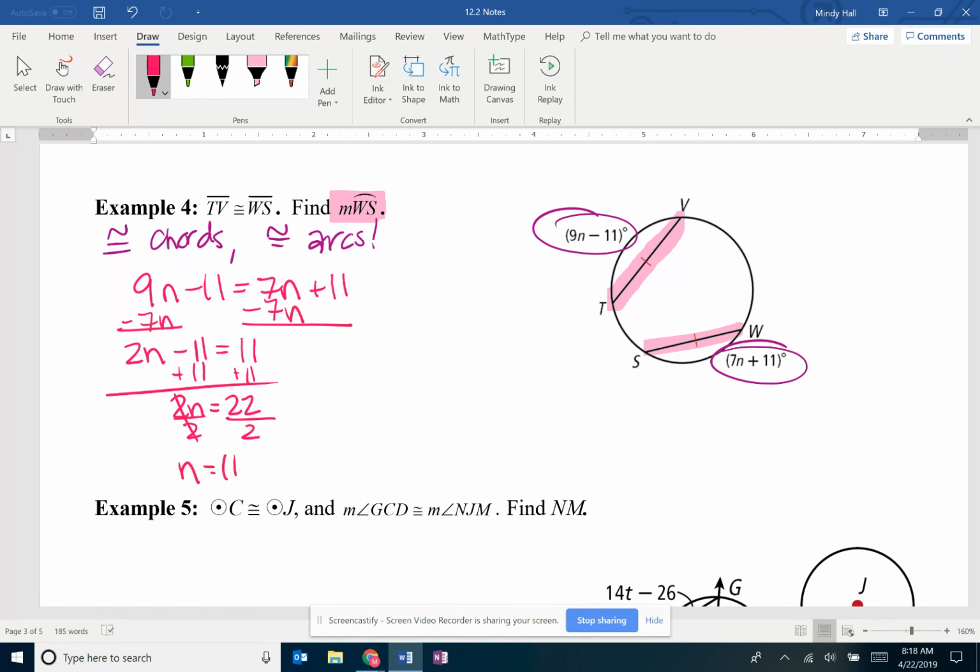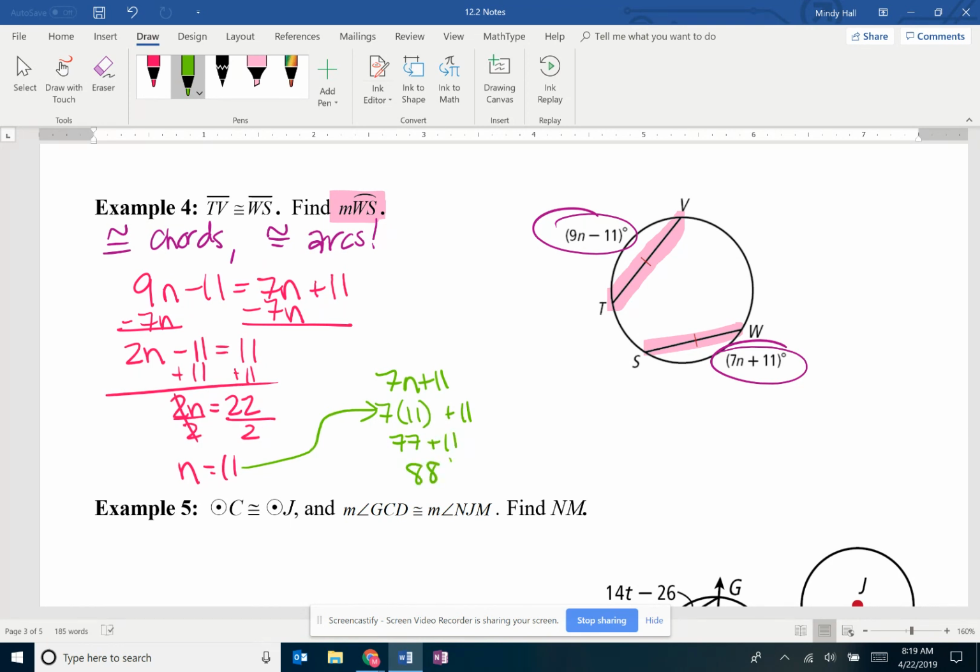Now, because these arcs are congruent, it doesn't really matter which one you plug into, but if you want to just be consistent, because they're talking about arc WS, then arc WS is 7n plus 11. So you plug in your value for n, which is 11. So then we'd have 77 plus 11, which is 88.